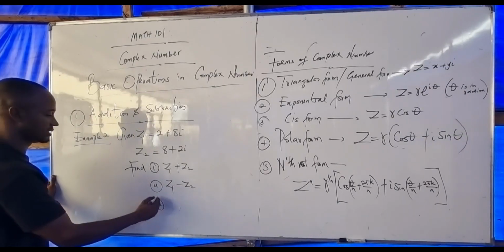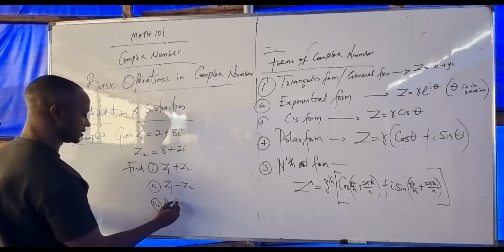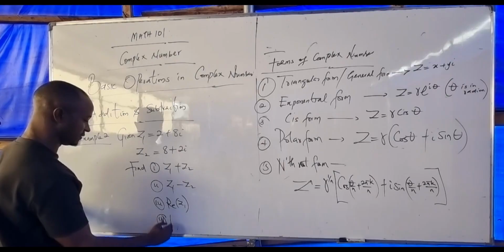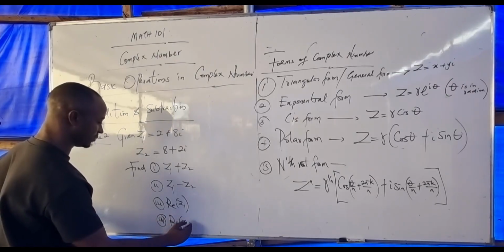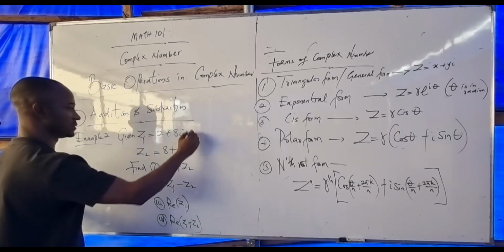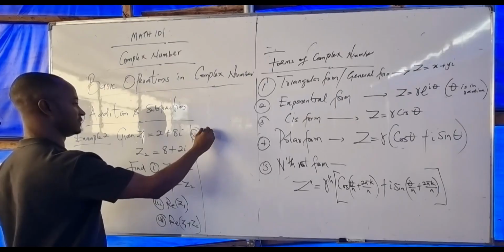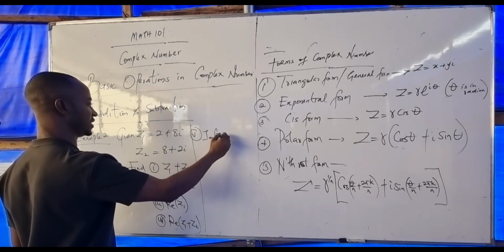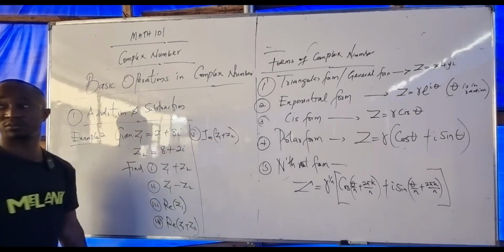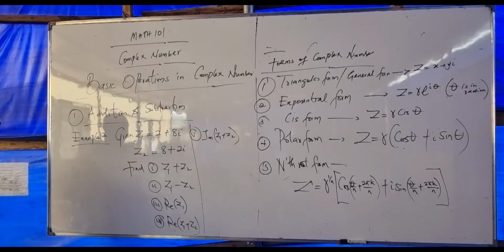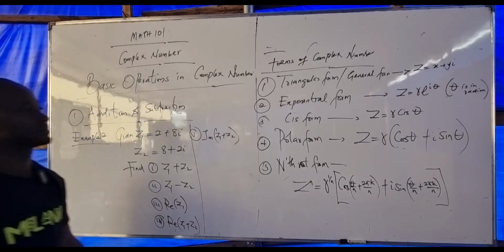Then number 3, find the real part of z1 plus z2. Number 4. Number 5, find the imaginary part of z1 plus z2. Are you there? Put this down so we can solve.